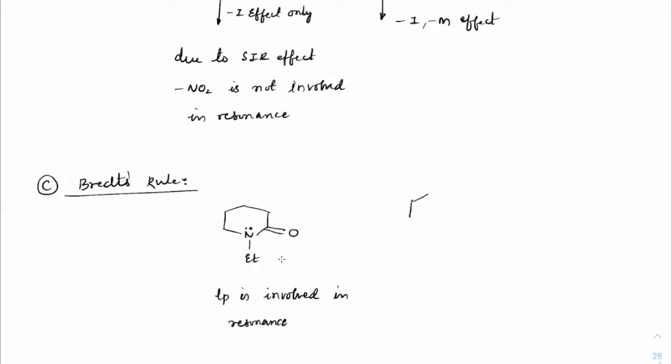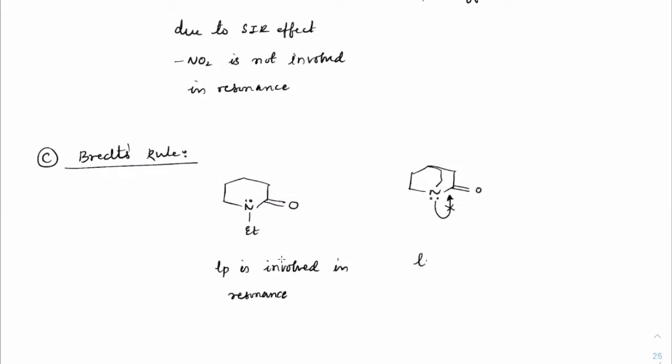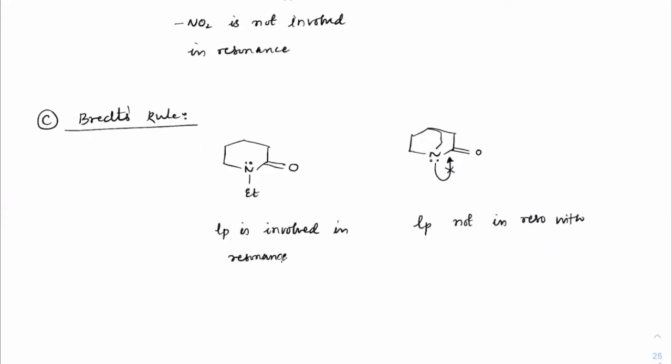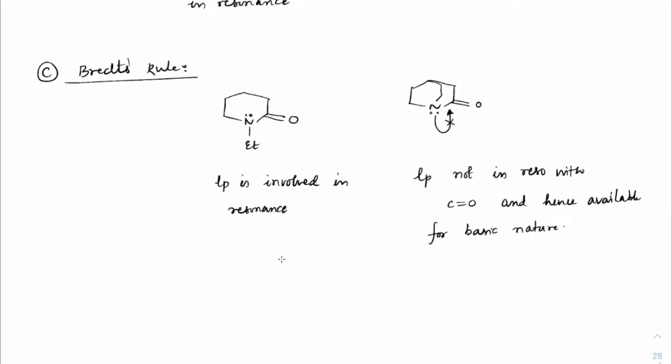While the same type of group, but this time if it has a bridged nitrogen, the lone pair is present here and a double bond. So do you think this lone pair will be making a double bond here? No. This time the lone pair is localized. So the lone pair is not in resonance with C double bond O, and hence available.